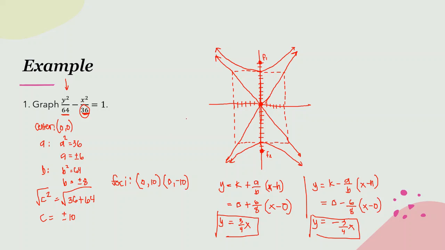So basically, that's it in graphing a hyperbola and determining the parts of the hyperbola. Again, these are our asymptotes. This is the transverse axis.